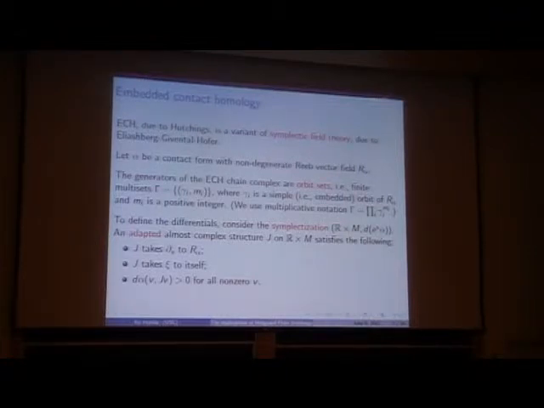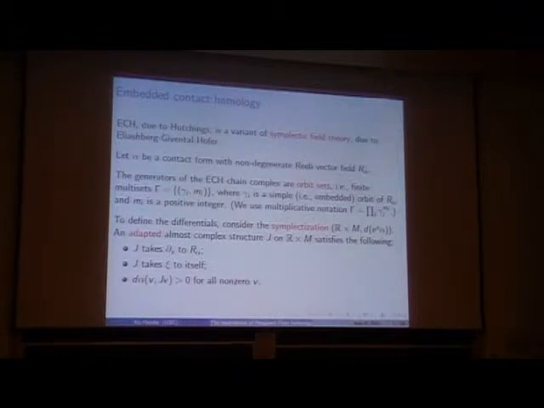The schematic picture is this direction is R, and this flat direction is M. You take an almost complex structure J on R cross M such that J takes the ds direction to the Reeb direction, C to itself, and there's some sort of calibrating condition.